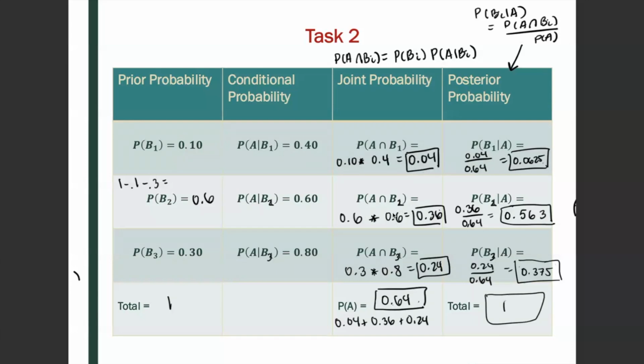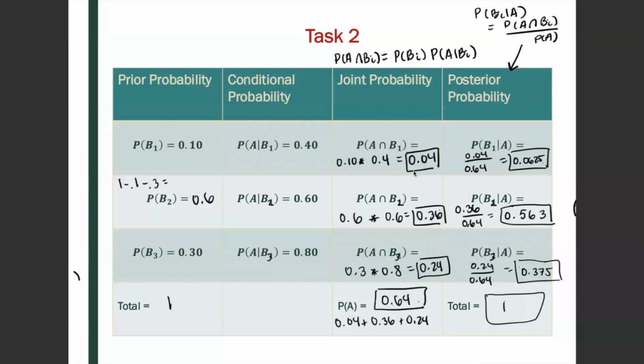Now, what about when i equals 2? We're going to do the probability of B2, which is 0.6, times the probability of A given B2, which is 0.6, which gives us 0.36. And then for the probability of A intersect B3, that's going to be 0.3 times 0.8, which gives us 0.24.